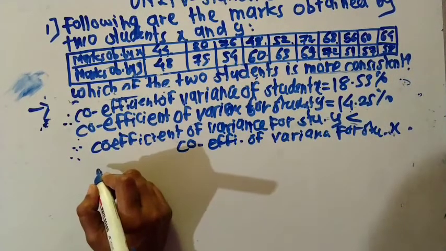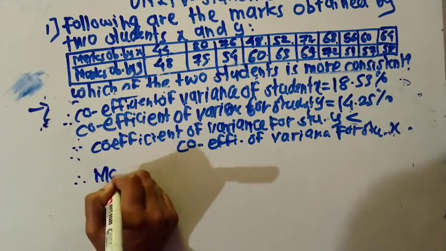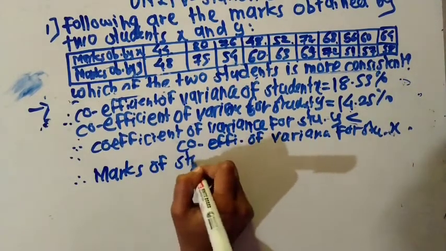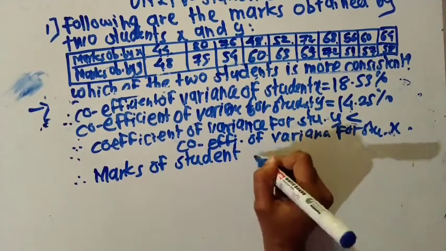Hence the marks of student Y, being less, are more consistent.